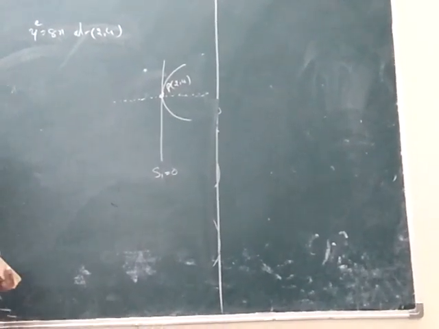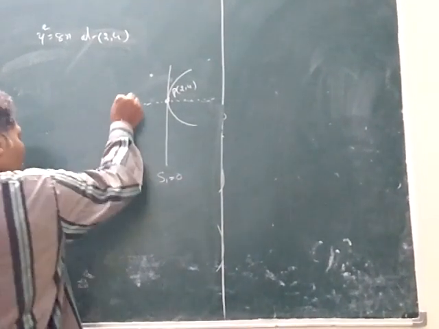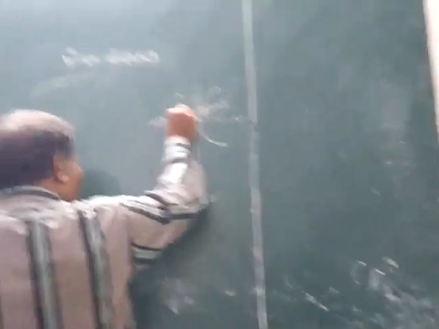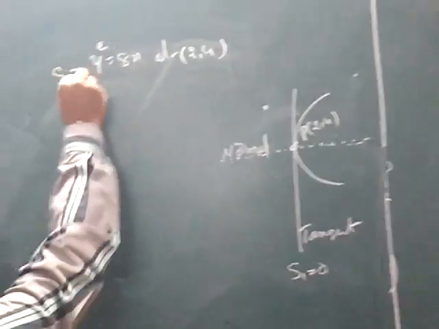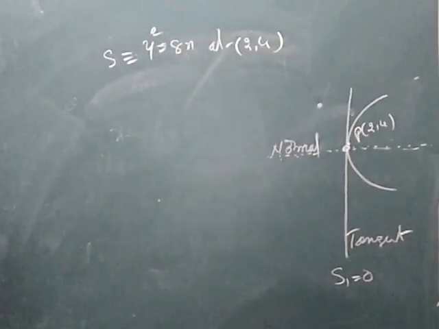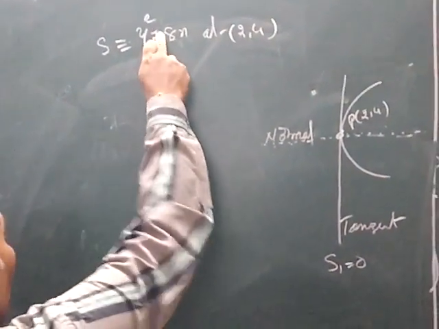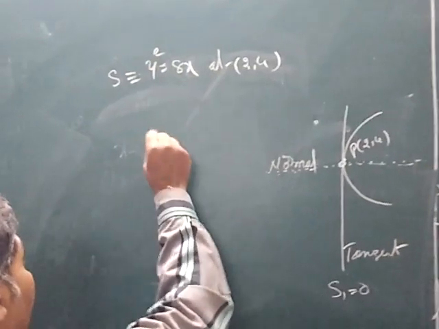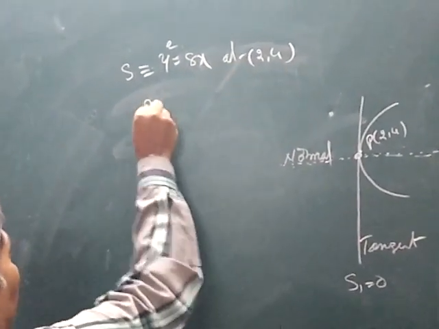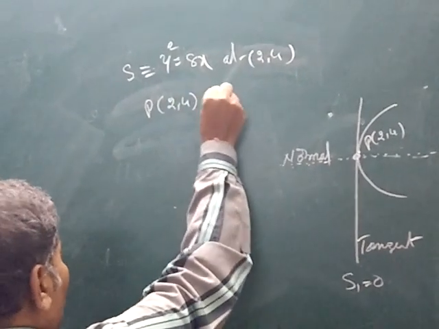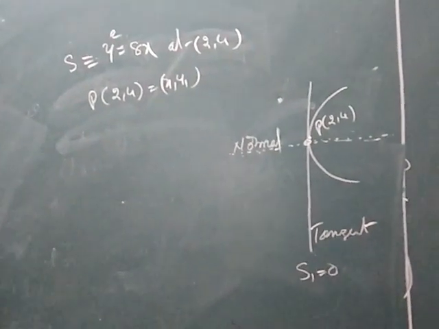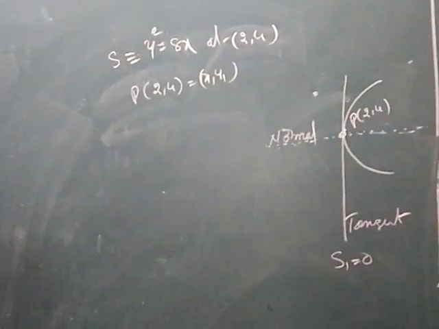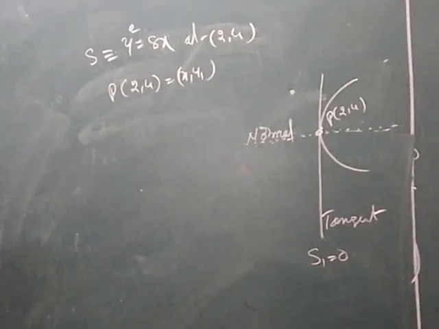Given parabola is S identically equal to y square equal to 8x. Given point is P 2 comma 4, x1 y1.